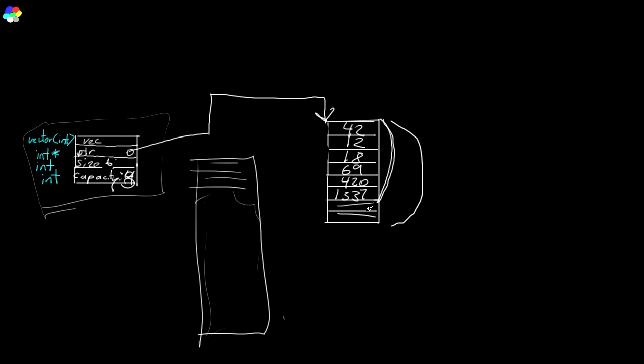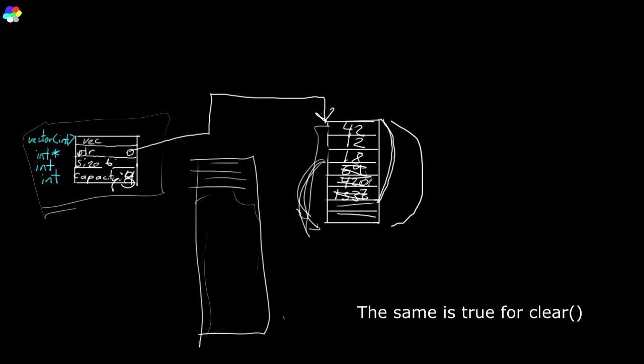If you call resize and the size is smaller, it will destroy these elements, but it will not reallocate to make it smaller. It will leave the extra space as reserve space. So calling resize will not reduce the size that your container uses in general. So if you want to actually reduce the size that the container is using, you need to call shrink to fit.